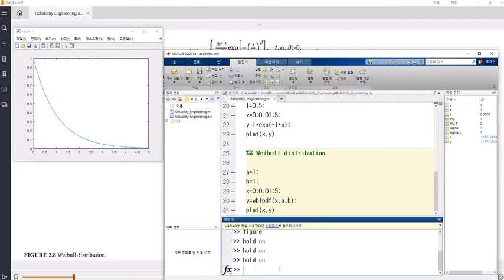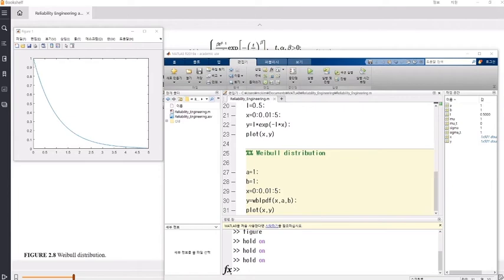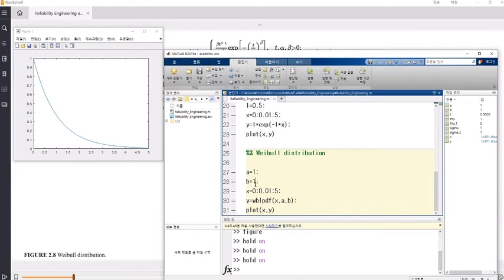So hold on. What if beta equals 0.5? When beta equals 0.5 and when beta equals 4. So when beta equals 4, the shape of the distribution is somewhat different from those when beta equals 1 or less than 1.